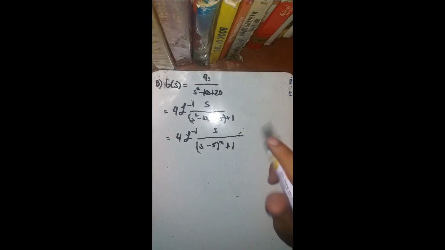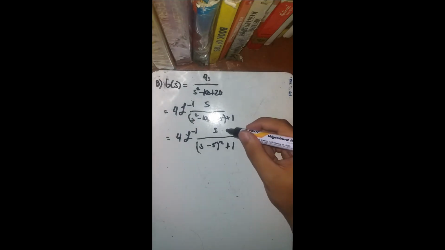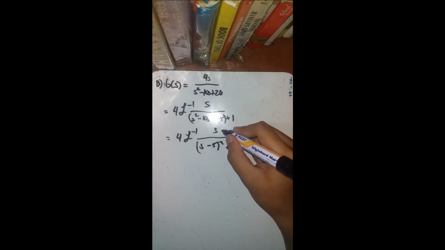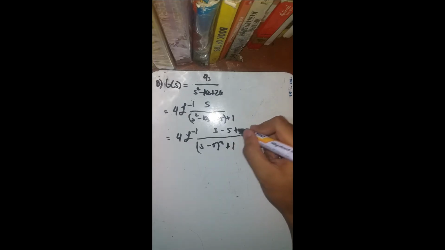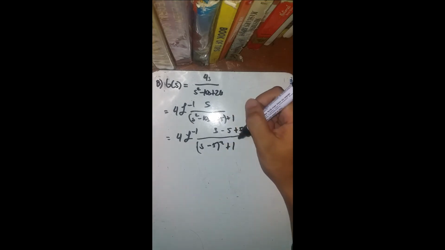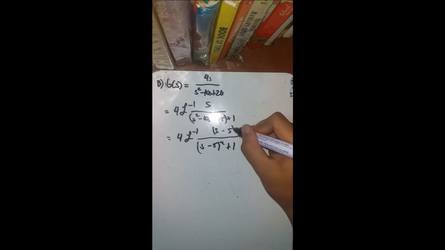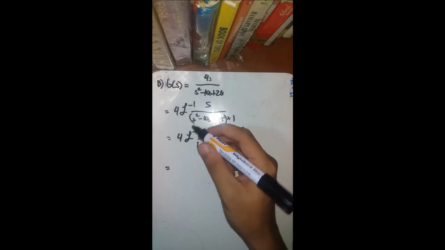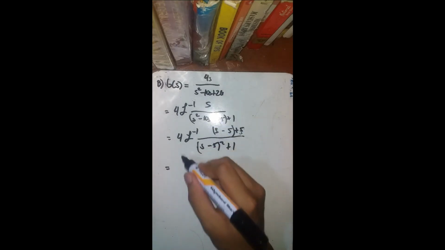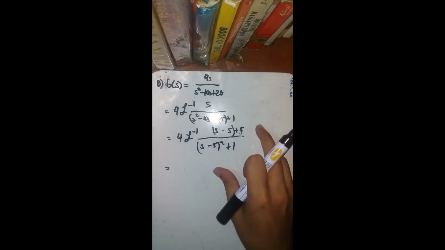So next we try to manipulate the top. In order to make this s minus 5, we can just have minus 5 plus 5. This will become 0 and it will still be the same as your previous. So let's group this. Let's separate this.